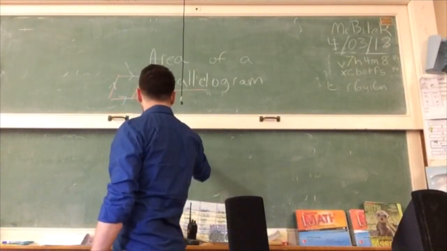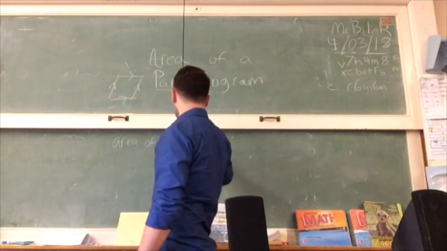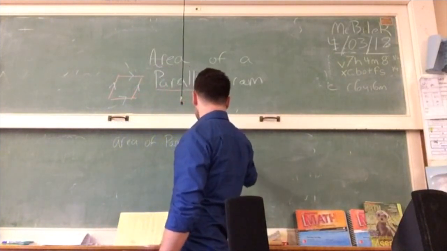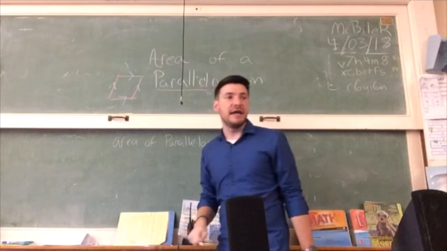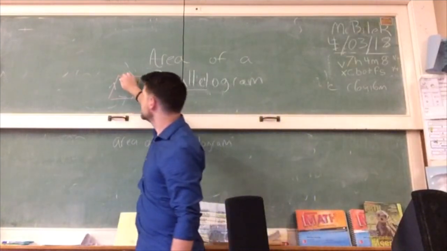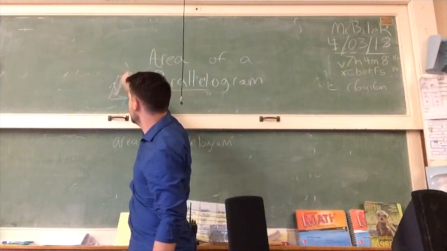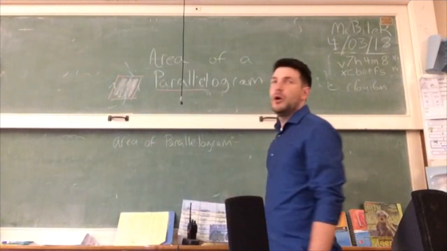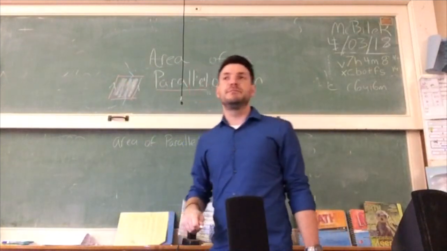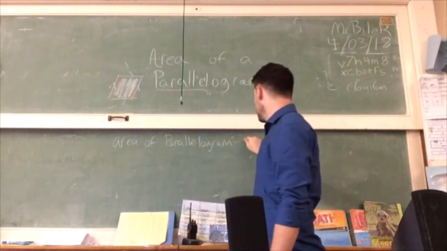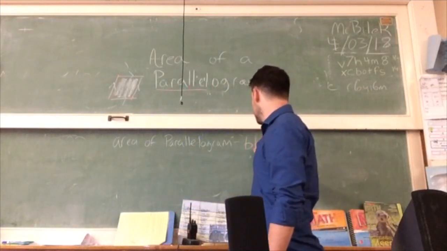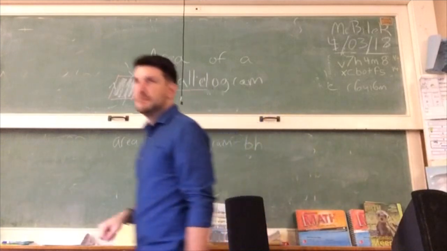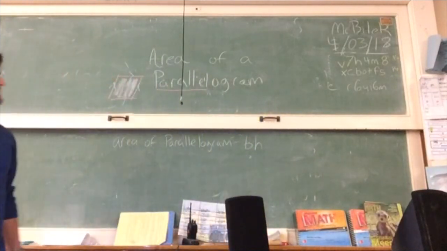Area of a parallelogram, remember, it's the square units inside. We're looking to find the amount of square units inside my parallelogram. Our formula is going to be base times height. Base times height.